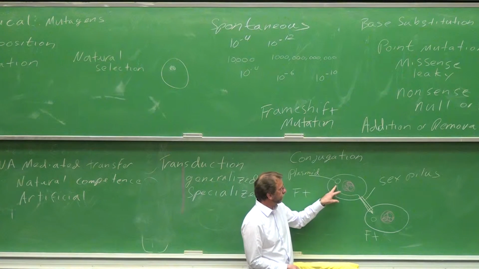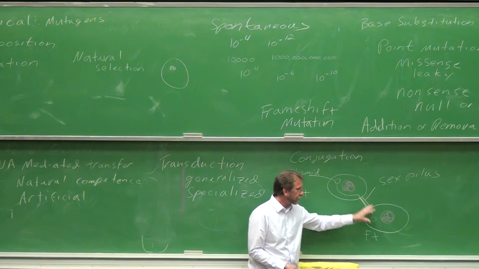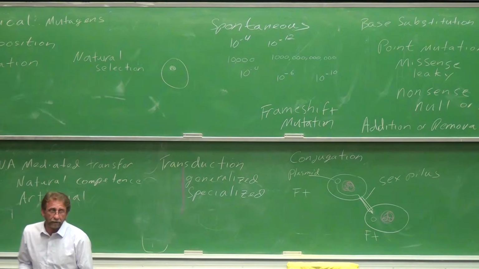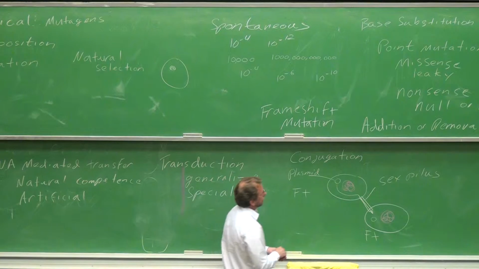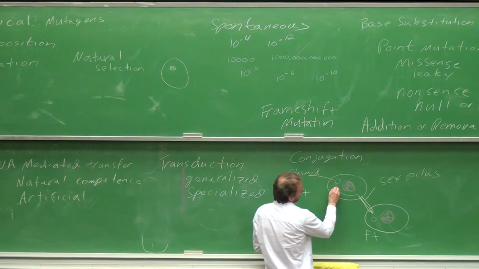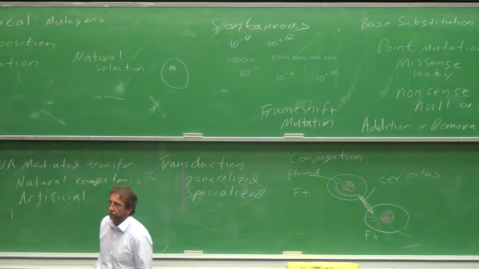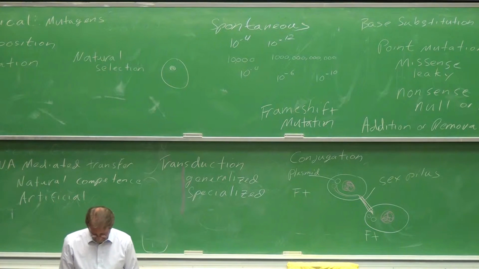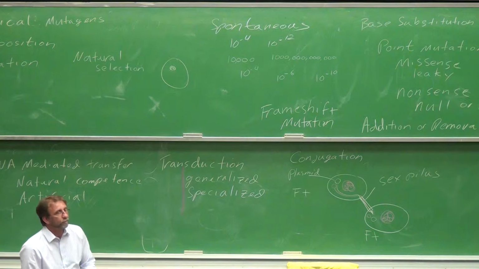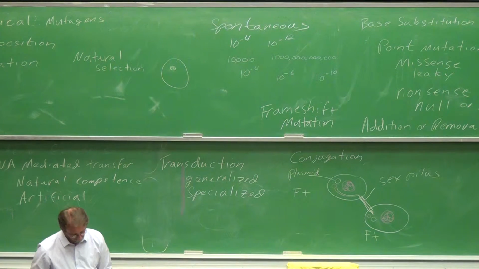It can code for the enzymes it needs to make the sex pilus, to copy itself, and to be transferred. Not all plasmids can do that. Some plasmids use the F plus plasmid and piggyback along in their efforts to get transmitted to other cells. So we'll see the F plus plasmid being a self-transmissible plasmid, but also being used by other plasmids to get moved to other cells.